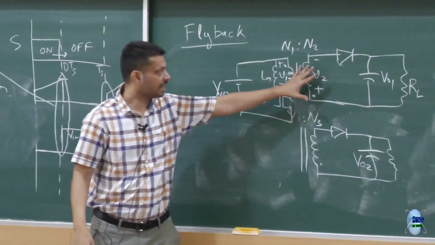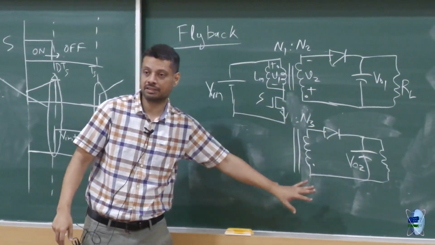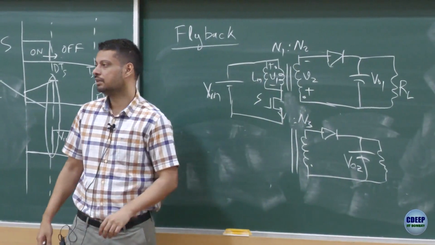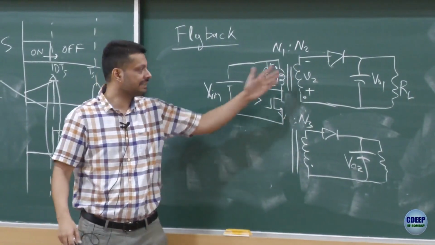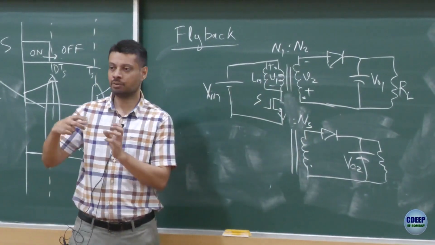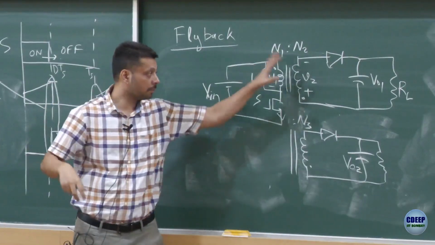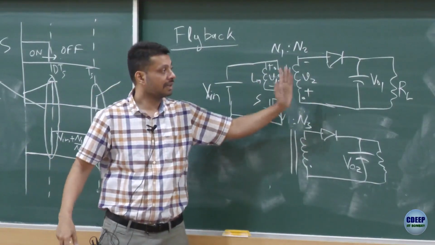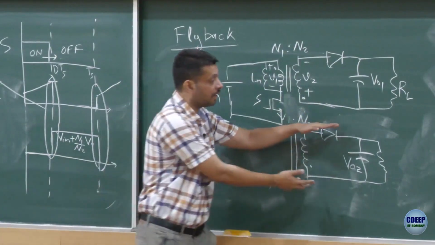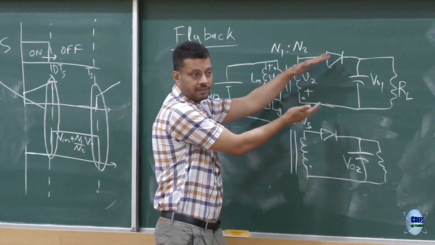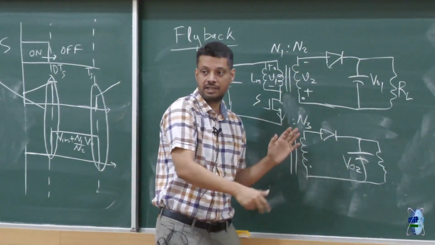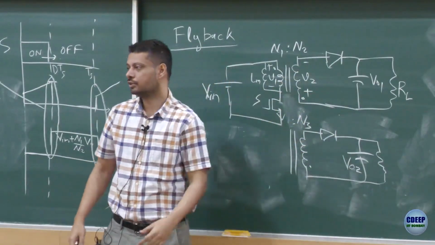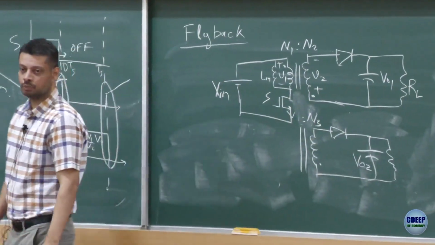You can have a third secondary, as many secondaries as you want, or call it primary, secondary, tertiary, whatever. All of these give rise to isolated outputs. This is isolated from this one, so all of them are isolated, and you can theoretically connect any number of outputs as you want.